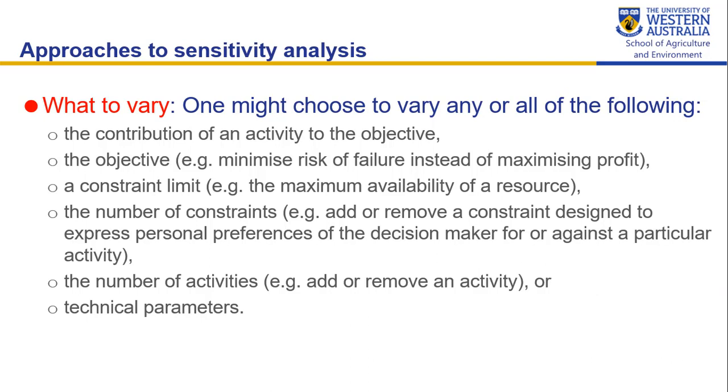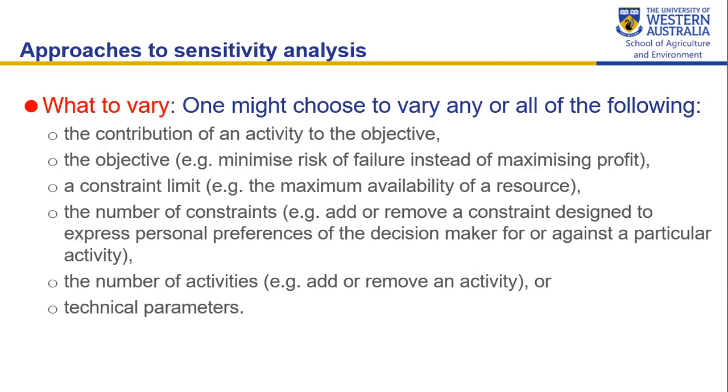The second thing we have to consider is what to vary. In the previous example, we just varied cost and benefit, but there are many other things in a model that we might want to vary or we might think it is important to vary.